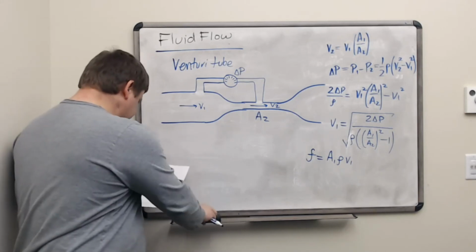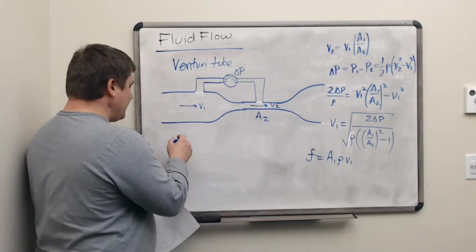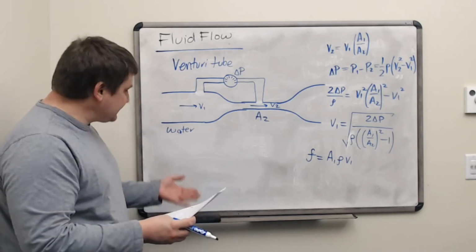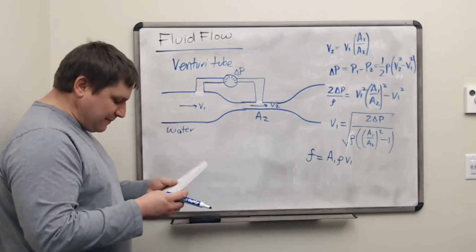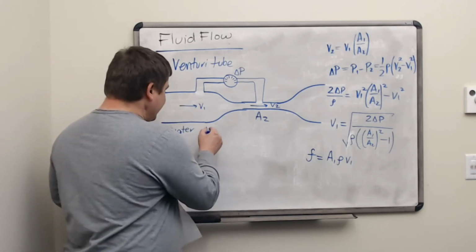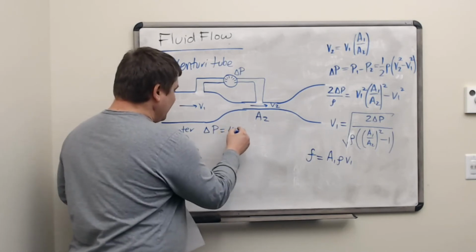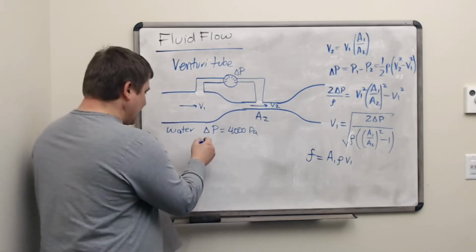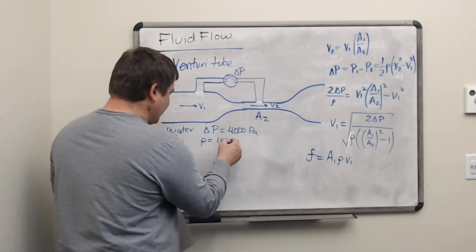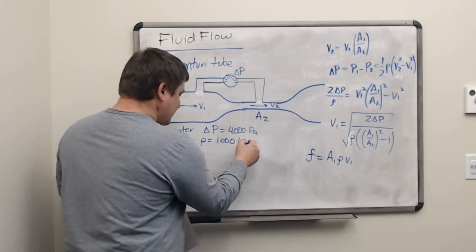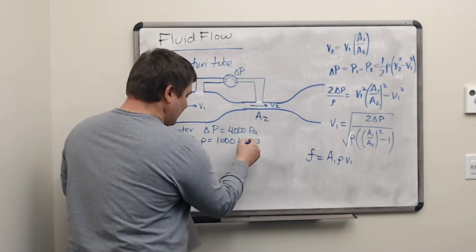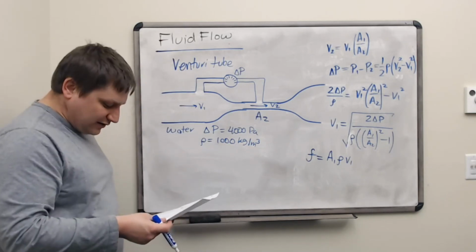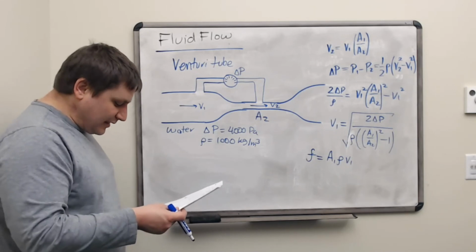All right, so let's do an example with some numbers here. Let's say we were looking at some water or a similar fluid like juice or soda flowing through a pipe like this. And in this setup, we measured a delta P value of 4,000 pascals. So our density to use for any type of water or related food product or drink, if it's so close to water, we just use the density of water.